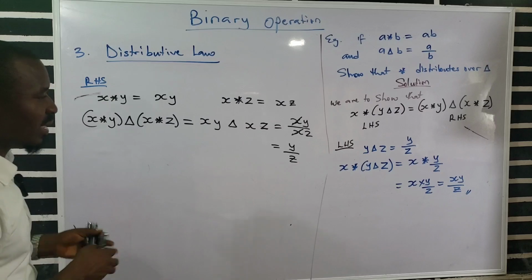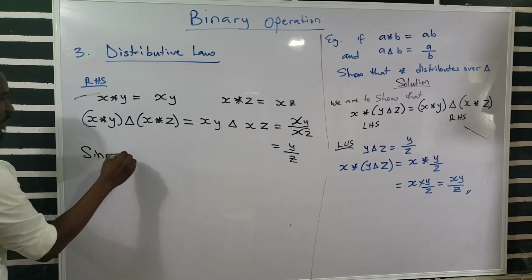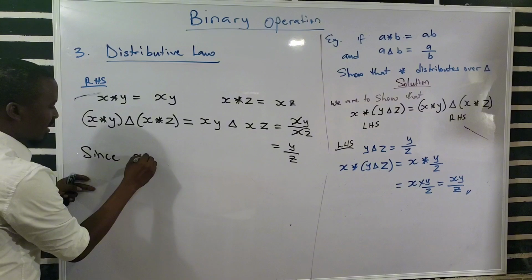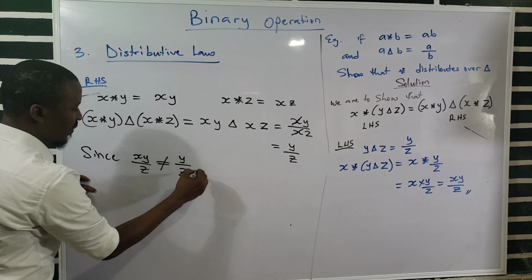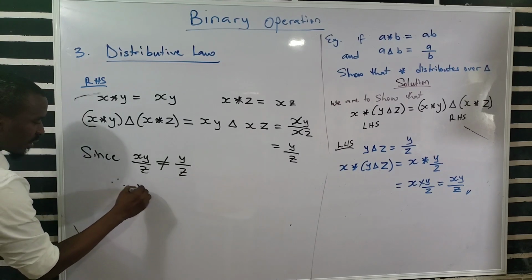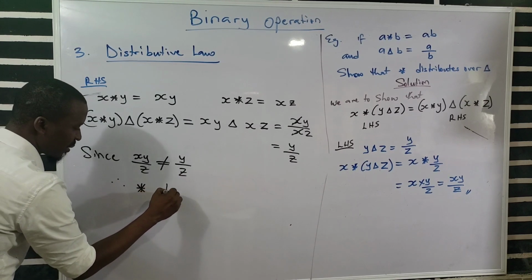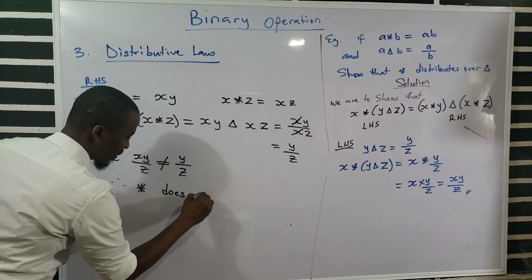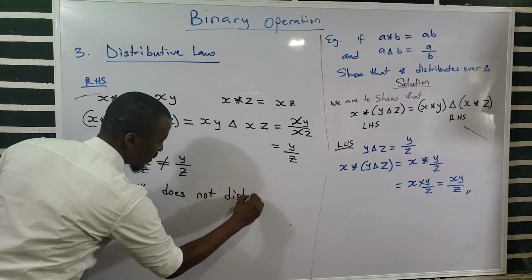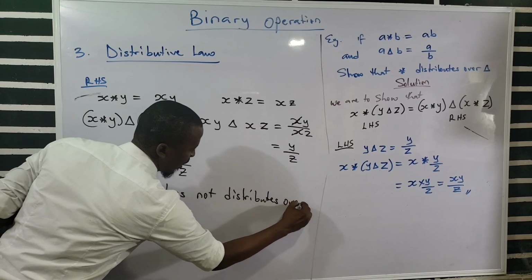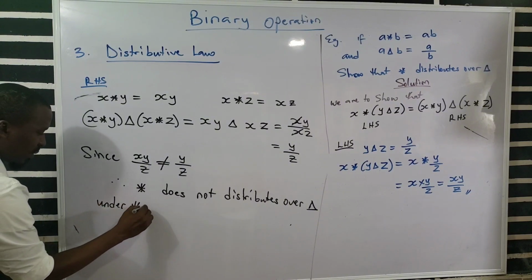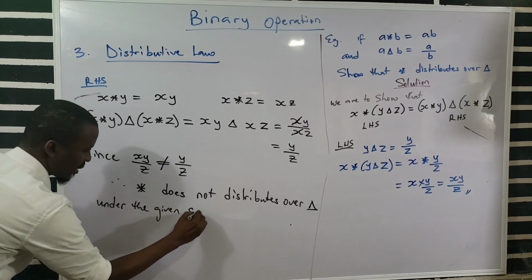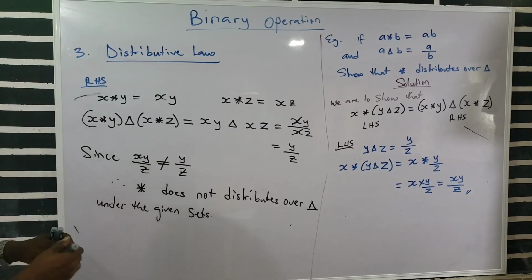So with that, we say that since XY over Z is not equals to Y over Z, therefore the operation does not distribute over this operation under the given set. Okay, so this is how we do distributive law.